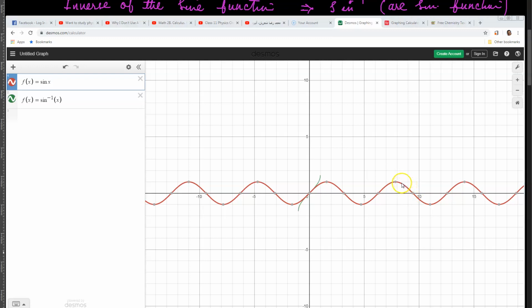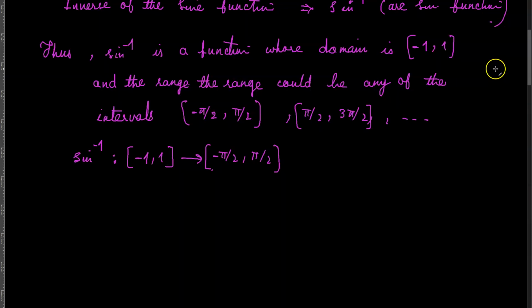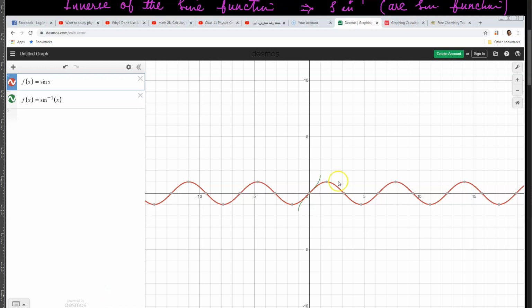But because there has to be some sort of agreement in mathematics, whichever interval you want to take over here, you will get a branch of the sine inverse function.